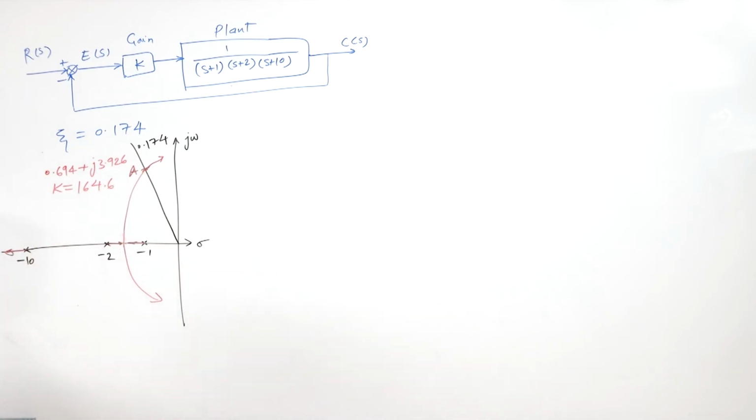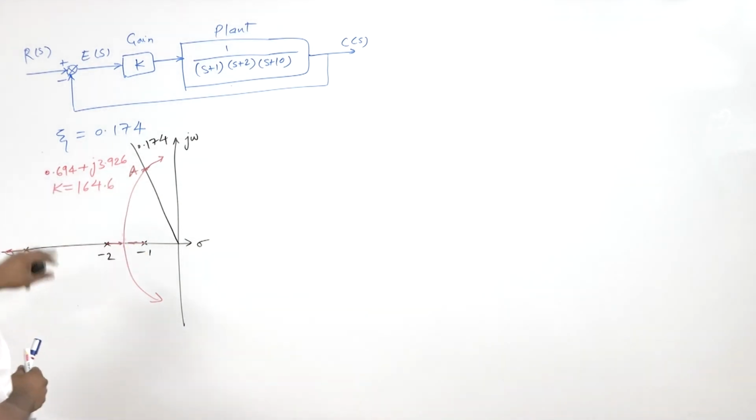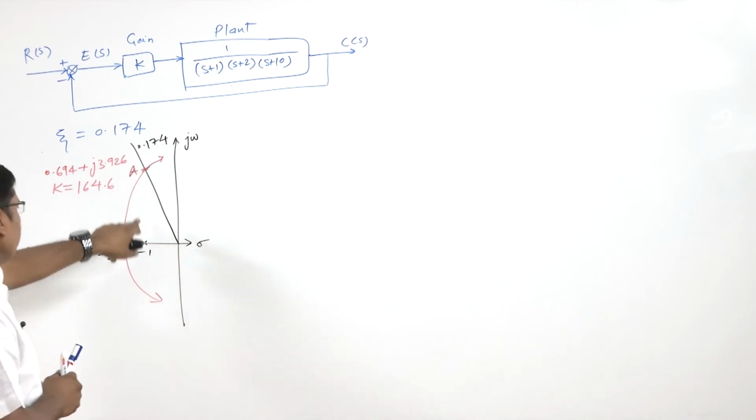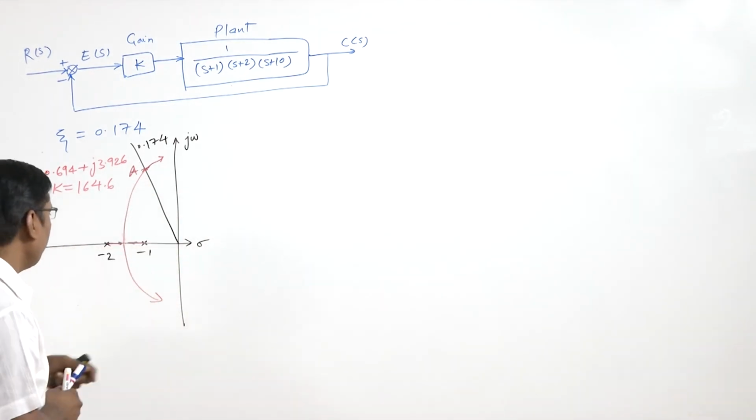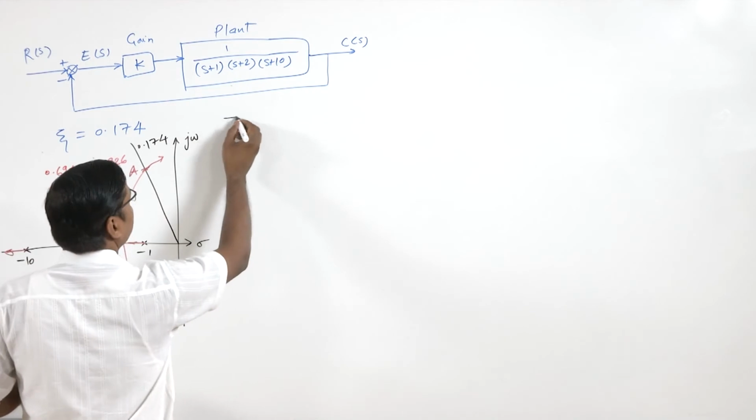So this root locus is cutting this damping line at this point 0.694 plus j3.926. So we can find this Kp, because this is a type 0 system.